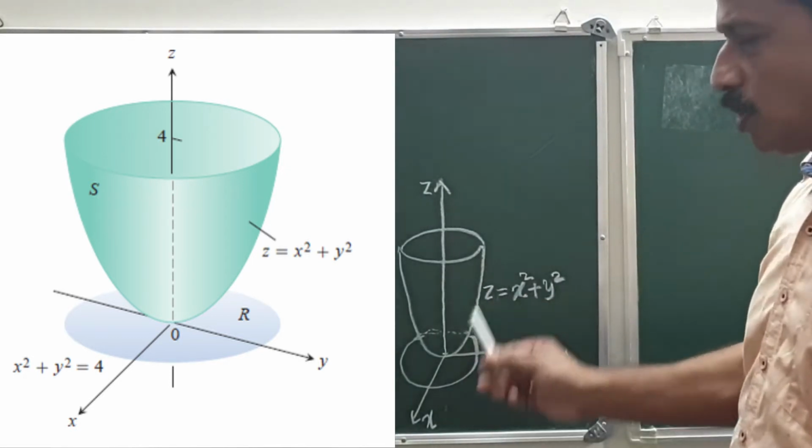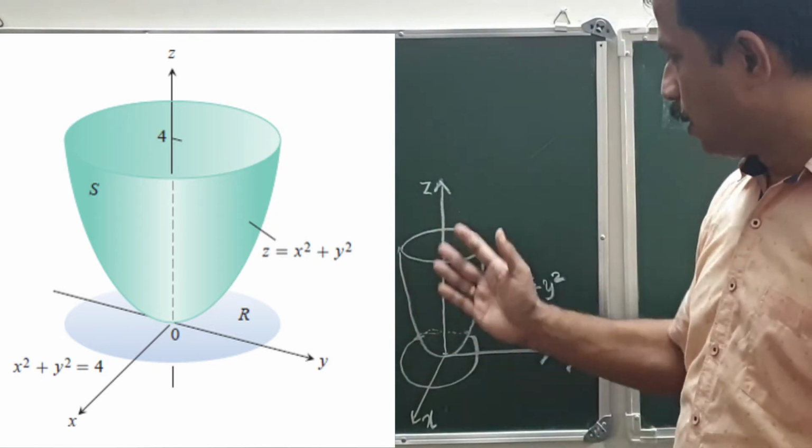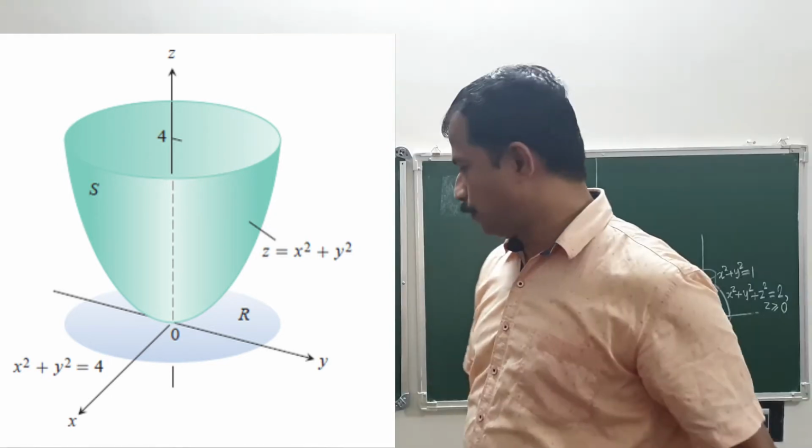So (0, 0, 0) is the point at which the surface has the minimum z value.